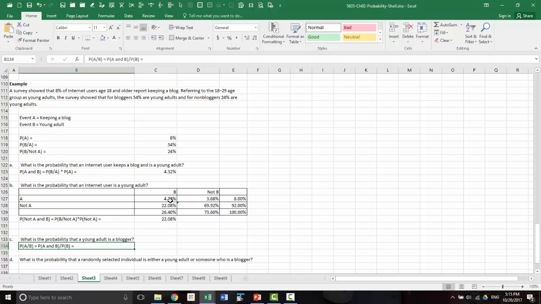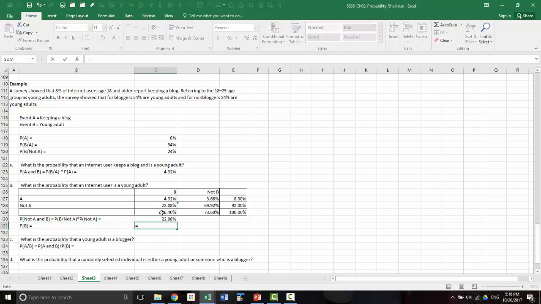That would be A and B divided by probability of B. Probability of B here is that. So probability of A and B divided by probability of B will give us the probability of A given B.